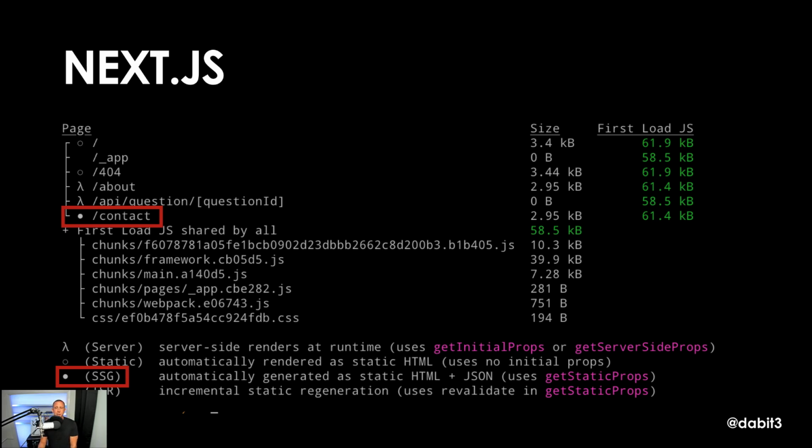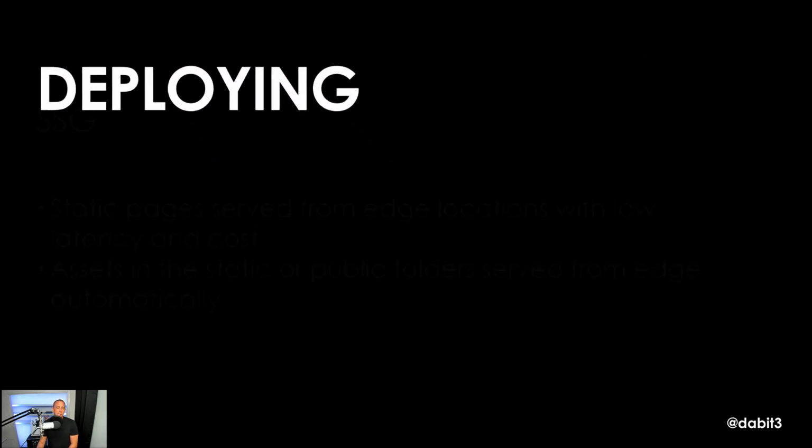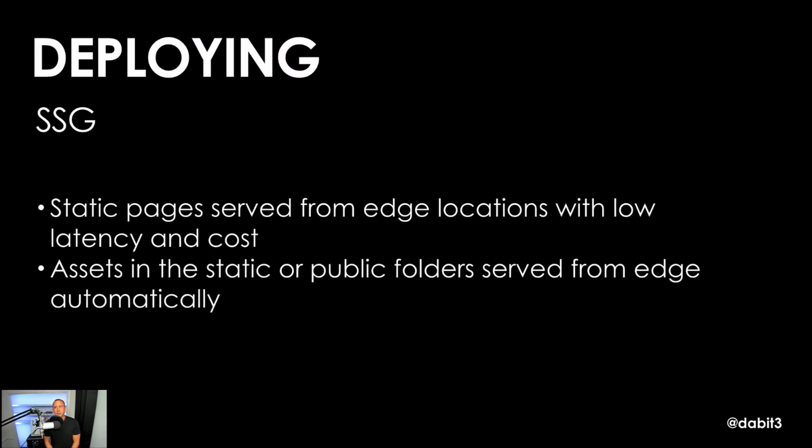Now let's talk about deploying Next.js on AWS, or I guess Next.js in general, and what the things are that you might want out of the box for this type of deployment. Well, for a statically generated page in general, within your site, you want all these pages typically to be served from edge locations because you want that low latency and that low cost.